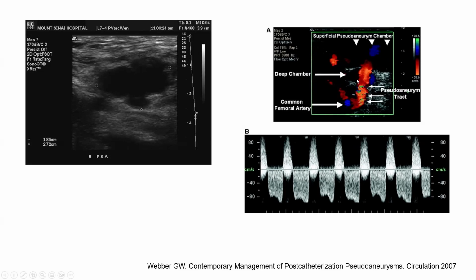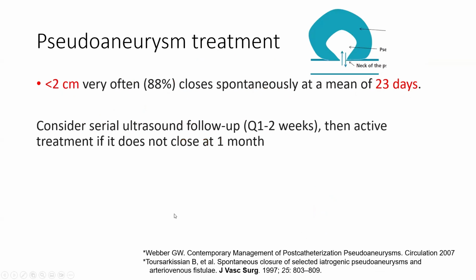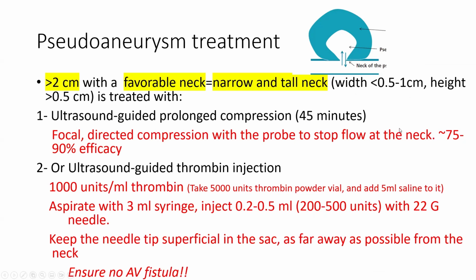Here you exert focal force, less intense force, but focal, onto a point that occludes that leak. And you exert that pressure for at least 30 to 45 minutes. It is very successful. Based on registries, 75 to 90% efficacy.